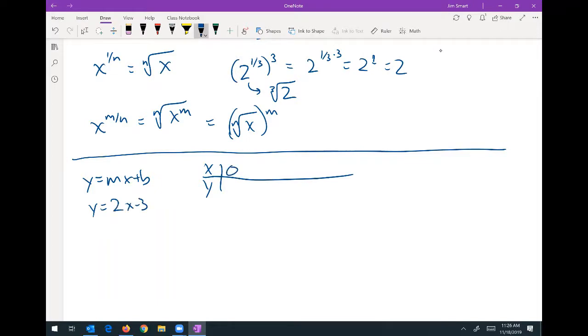We start when x is 0 with the y-intercept of -3. And then each time we add 1 to x, we add 2 to y, because of the slope. So the slope is the number we add each time. So it goes from 0, -3 to 1, -1 to 2, 1 to 3, 3 to 4, 5, and so on. Each time we add 2 for the y.